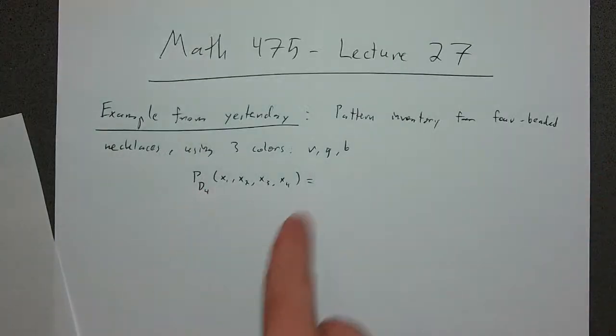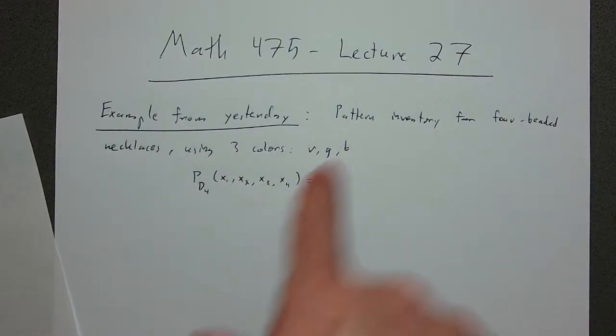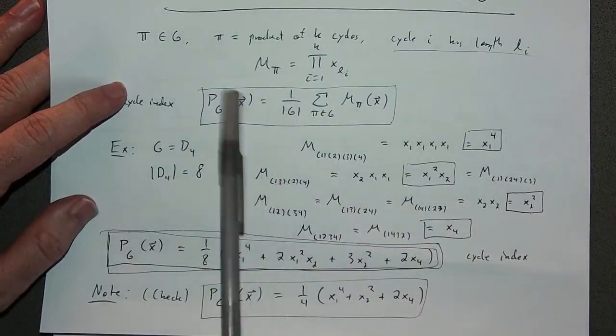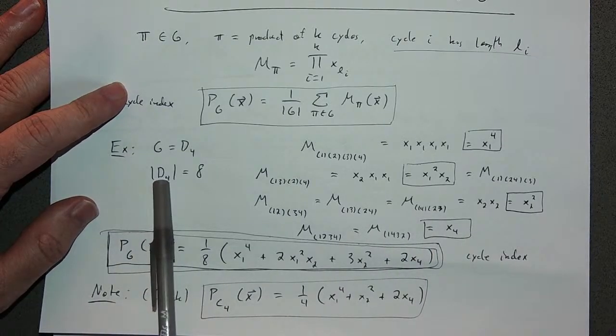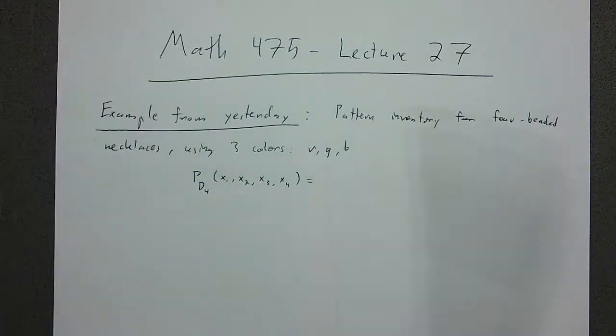What I'm writing here is the cycle index by Polya's enumeration formula. This is going to give us the pattern inventory when we plug in the right thing here. So here, this is our definition of cycle index, and this is our derivation that the cycle index for the dihedral group on 4 vertices was this polynomial here. I'm just going to copy this so it's on the same sheet.